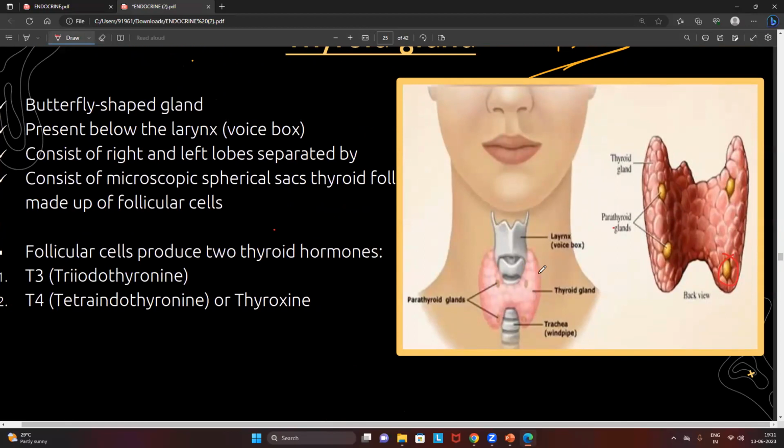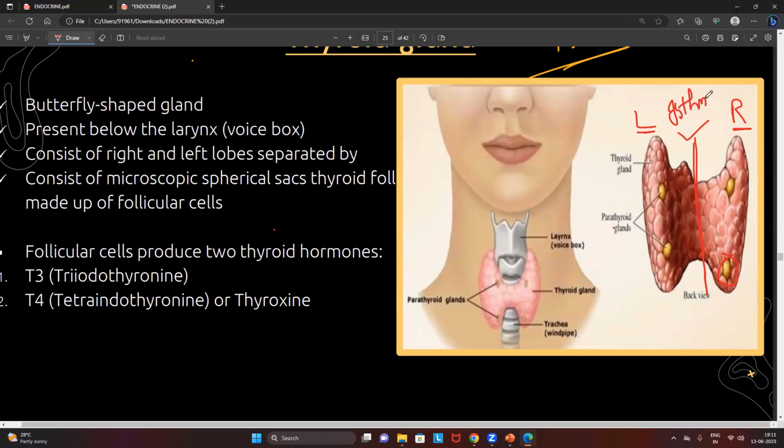See, friends, this is the thyroid gland, right? If you look into the thyroid gland carefully, it is separated into a left lobe and a right lobe. All the students keep the point in your mind. The right lobe and left lobe are connected by a middle structure, which we call the isthmus.